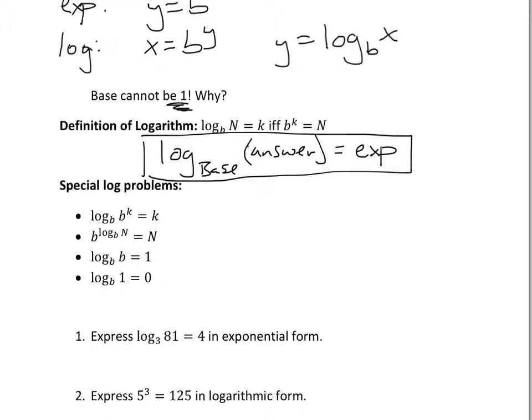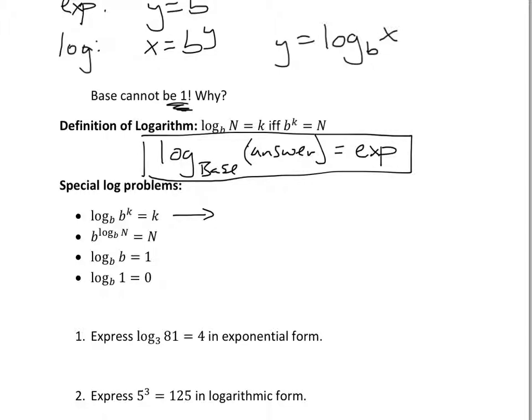I'll illustrate this. There are a lot of examples, but I'm going to go through these special log problems first, to help us see how to translate these into something we can work with. If you have log base b of b to the k, it's always going to be equal to whatever that k is. Let me explain why. I'm always going to translate into an exponential function because I don't want to deal with log functions.